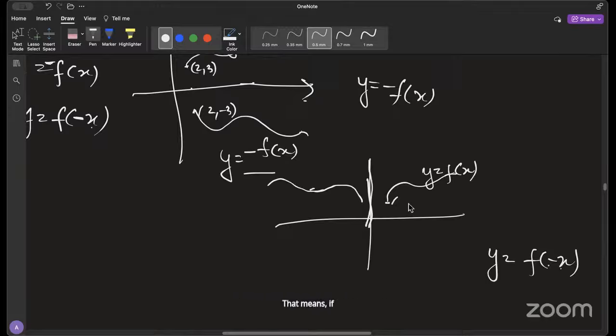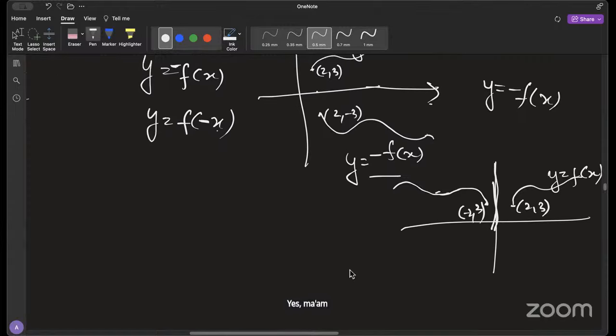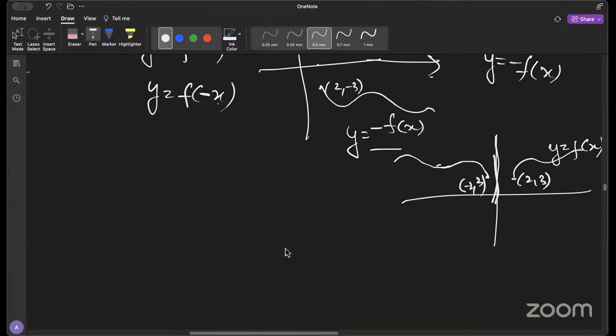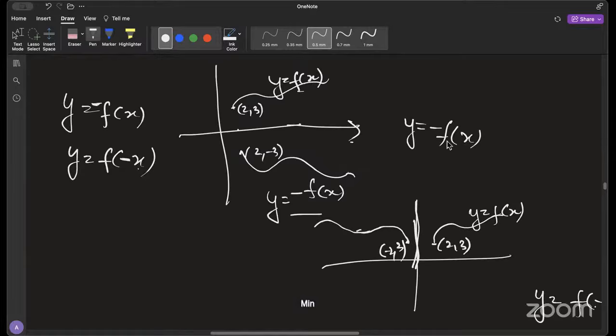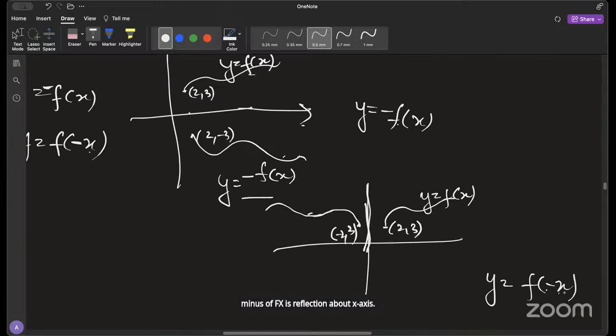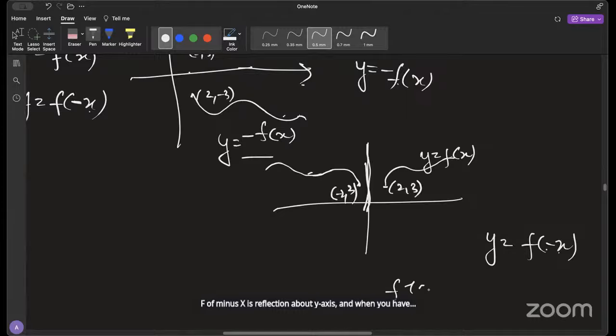That means if this point is (2, 3), then the y coordinate remains the same and the x coordinate changes to minus 2. Is that okay? Yes, ma'am. So minus f(x) is reflection about the x-axis. f(minus x) is reflection about the y-axis. And when you have f inverse of x, it's the reflection about the line y equals x.